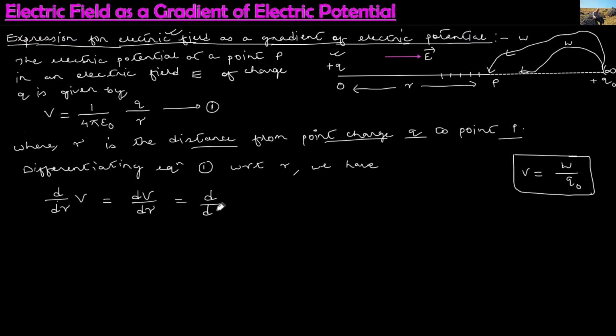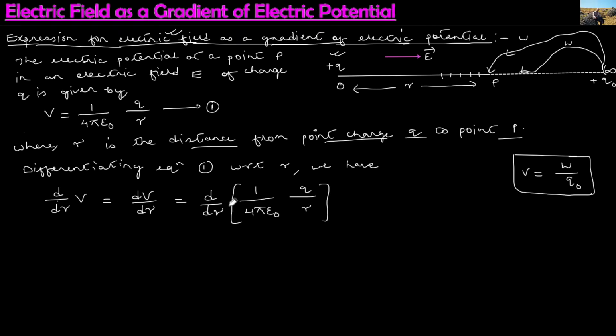It will be d by dr of 1 by 4 pi epsilon naught, Q divided by r.